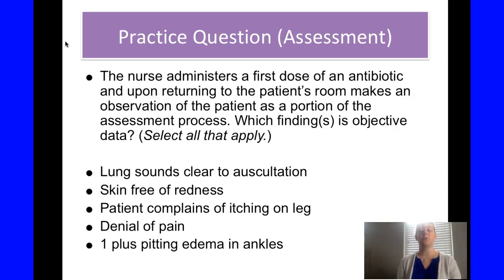The nurse administers a first dose of an antibiotic, and upon returning to the room, makes an observation of the patient as a portion of the assessment process. Which finding is objective data?